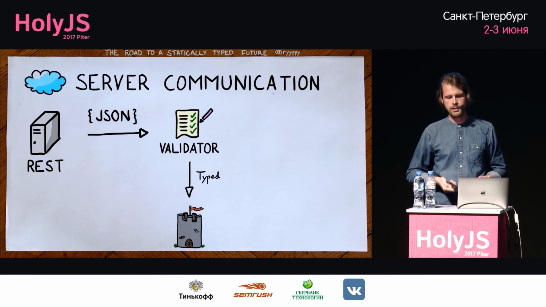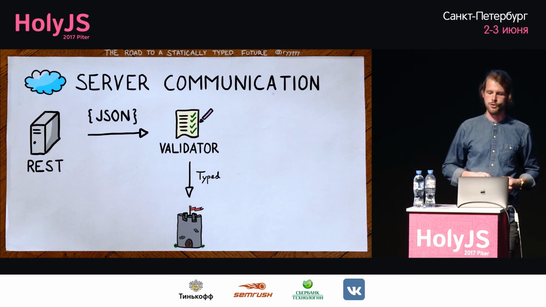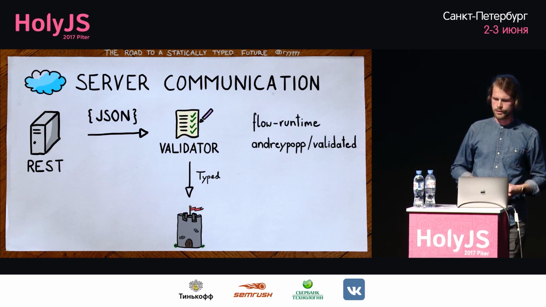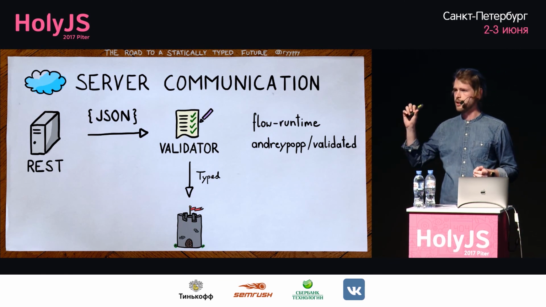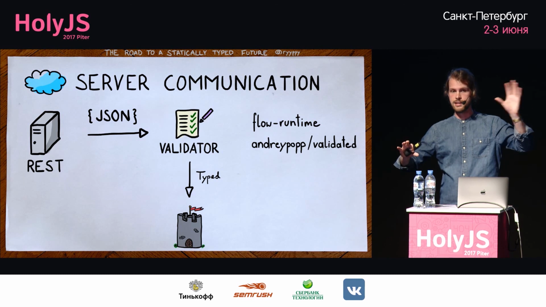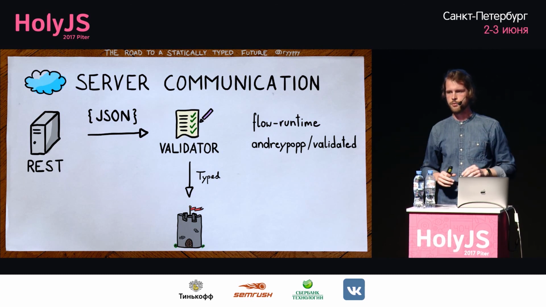And then, through the validator, we can use the information in our tightly ruled application. Usually you would be required to duplicate the type information and the schema validation, so this information is not really DRY.